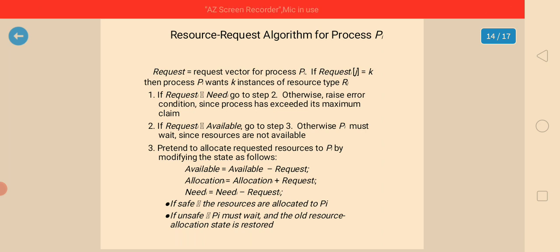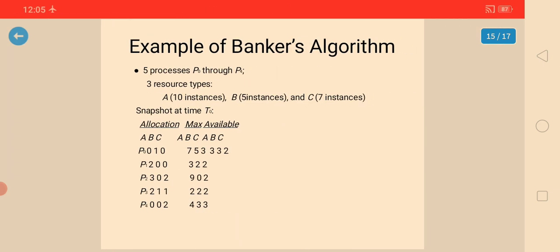If safe, the resources are allotted to Pi. If unsafe, Pi must wait and the old resource allocation state is restored. Here is one example given for Banker's algorithm.